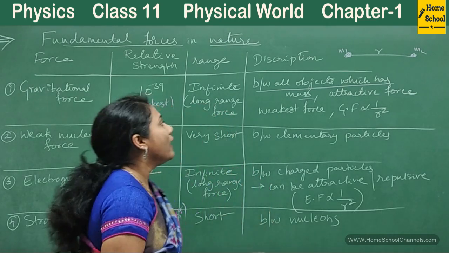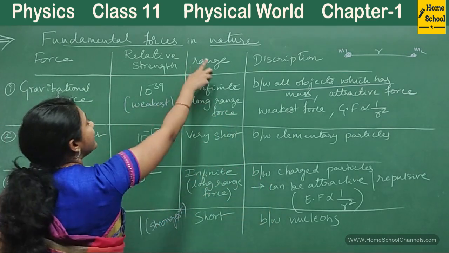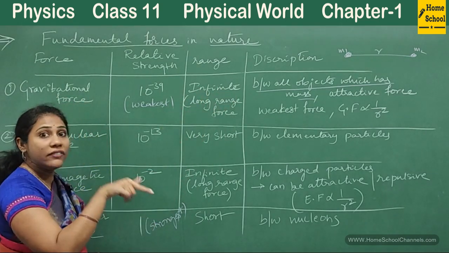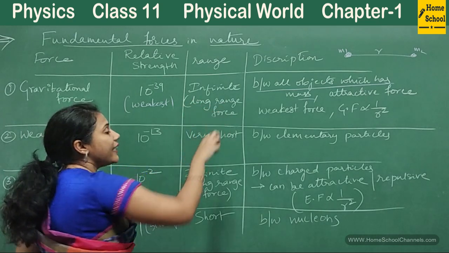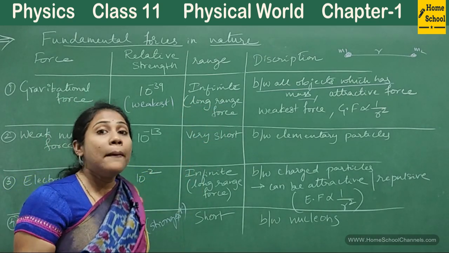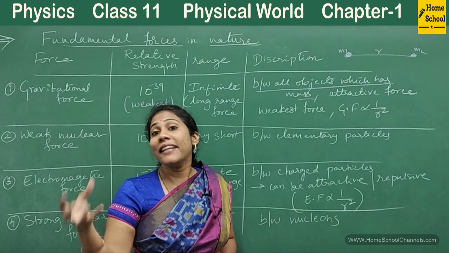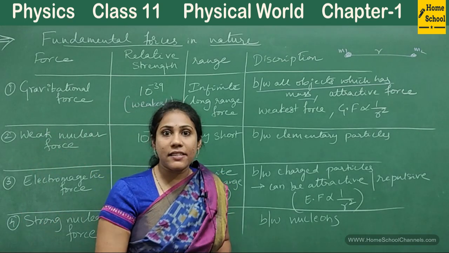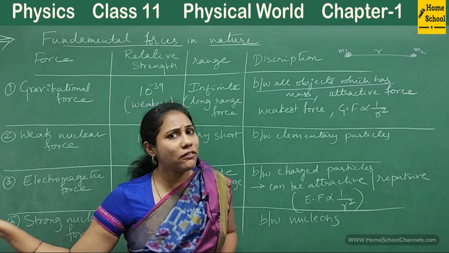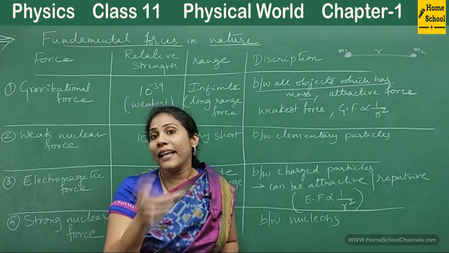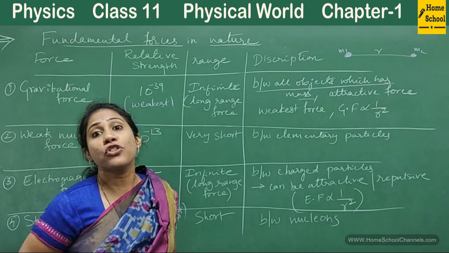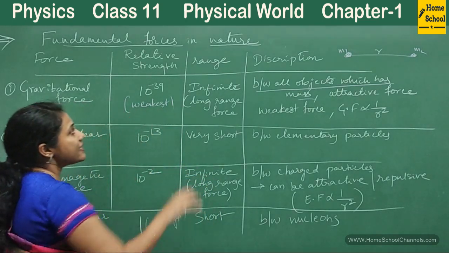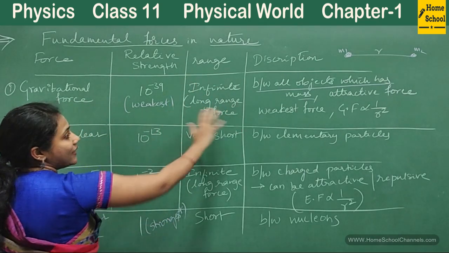That's what we mean by saying the range of gravitational force is infinite, or we can call it a long range force, because between any two bodies there can be a gravitational force irrespective of the distance. Distance can be very long, but between them there exists a force called gravitational force. That's why we say the range is infinite.